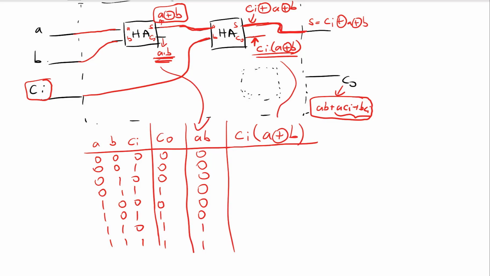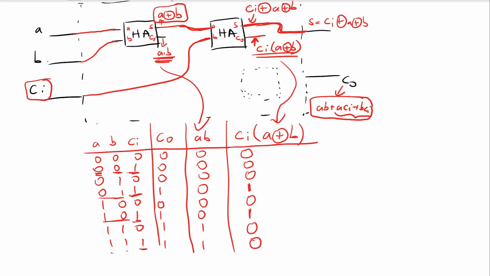For this, if carry in is 0, then this expression will be 0. So I have 0 here, 0 here, 0 here, and 0 here. Now carry in is 1, so I need to look at XOR of A and B. This is 0. If carry in is 1, XOR of A and B, this is 1. If carry in is 1, XOR of A and B, this is 1. If carry in is 1, XOR of A and B, it is 0.